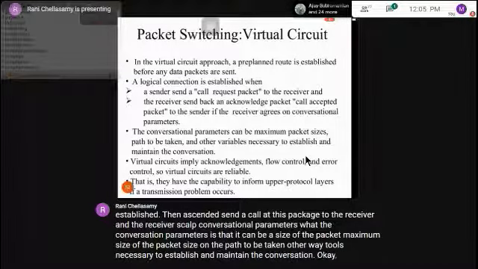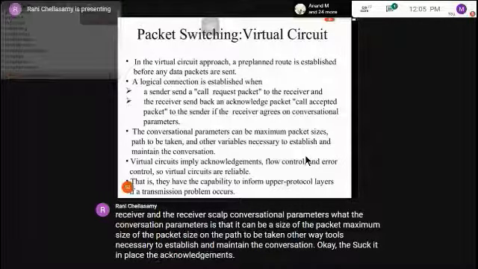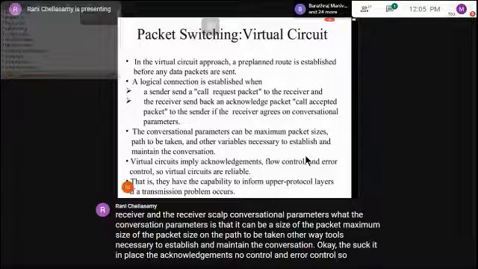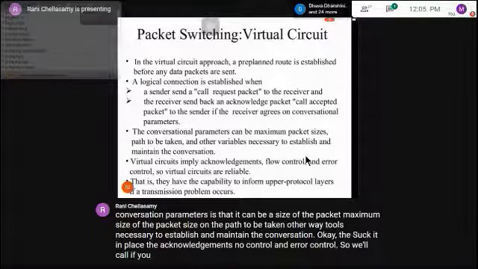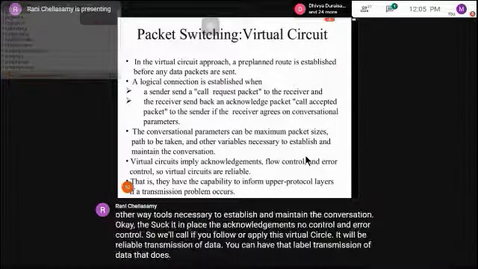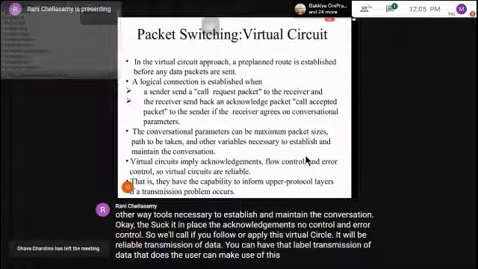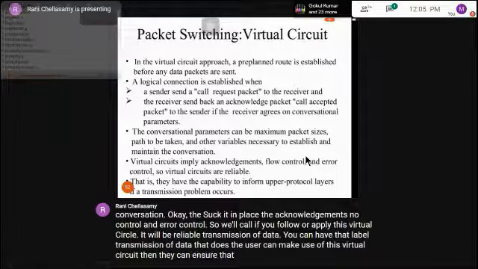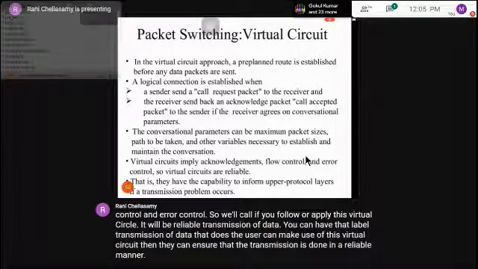The virtual circuit implies acknowledgements, flow control, and error control. So if you apply this virtual circuit, you can have reliable transmission of data. That is, the user can make use of this virtual circuit and ensure that the transmission is done in a reliable manner.